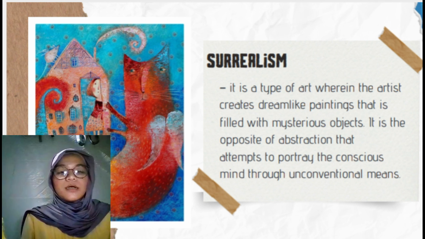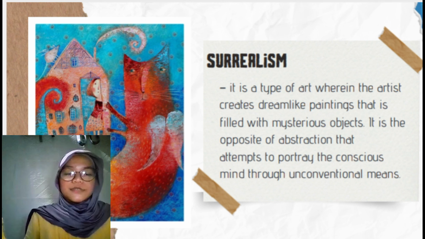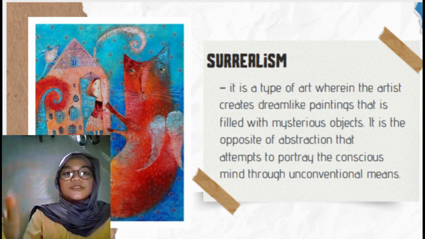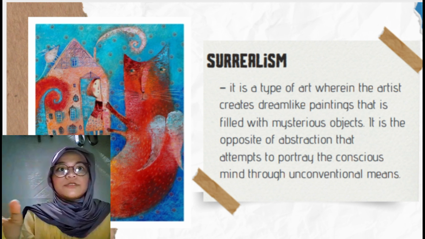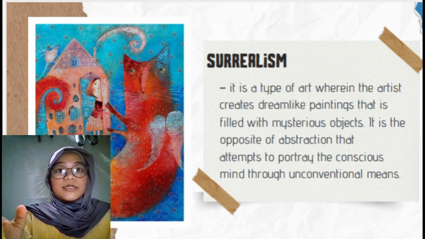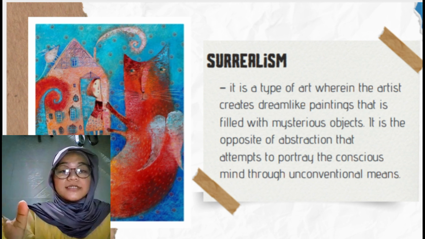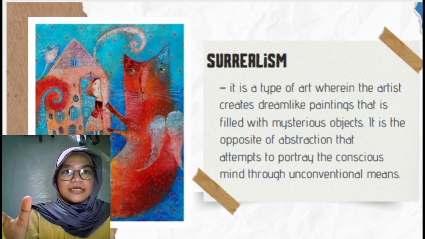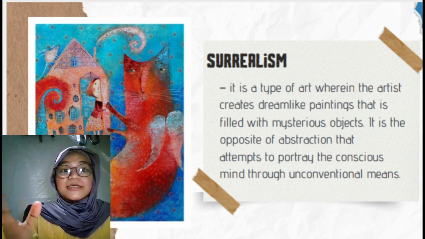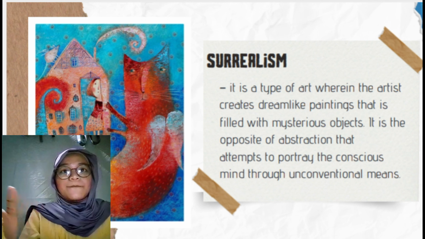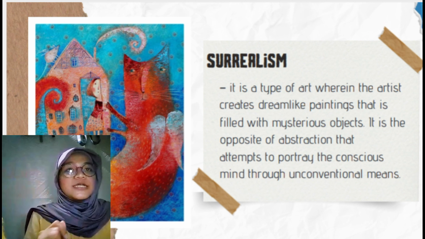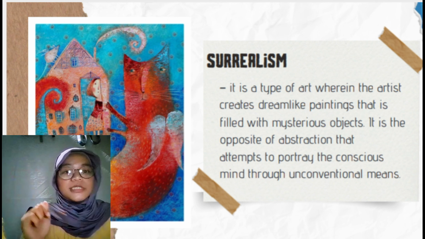And a quick comparison of Cubism and Surrealism: in terms of focus, Cubism focuses on structure and form, while Surrealism focuses on dreams and imagination. In terms of style, Cubism is geometric and fragmented, while Surrealism is dreamlike or mysterious.